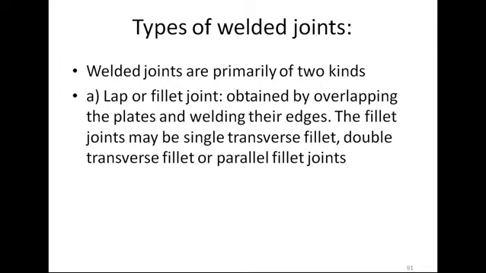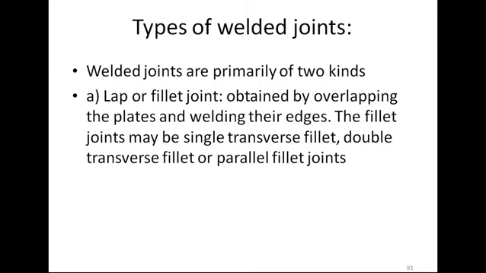These lap and fillet joints are obtained by overlapping the plates and welding their edges. The fillet joints may be single transverse fillet, double transverse fillet, or parallel fillet joints. Now we are going to see what these are.